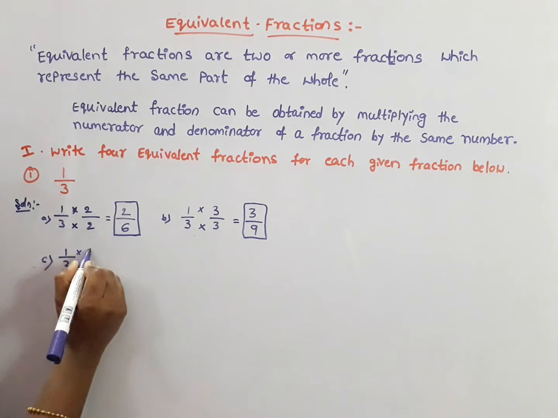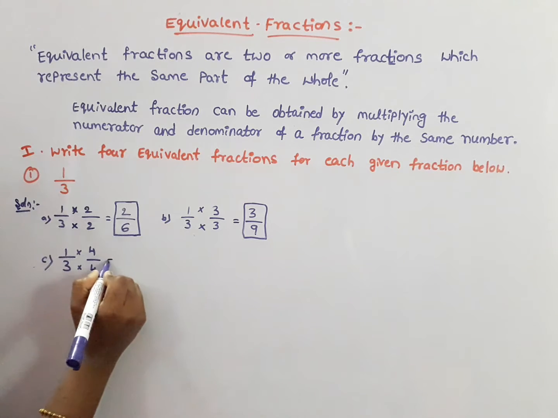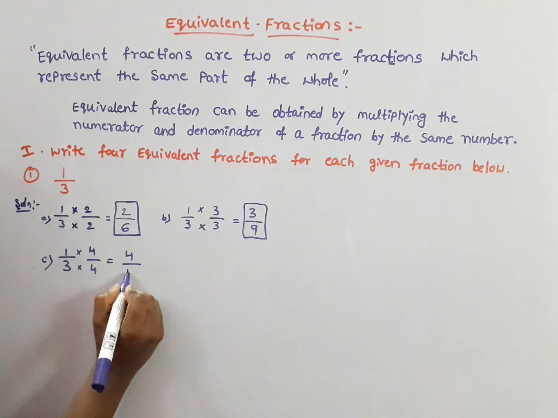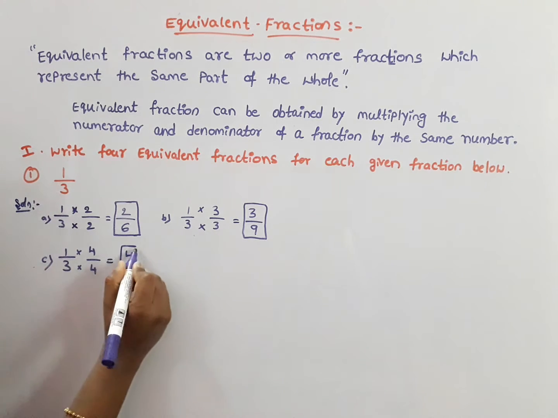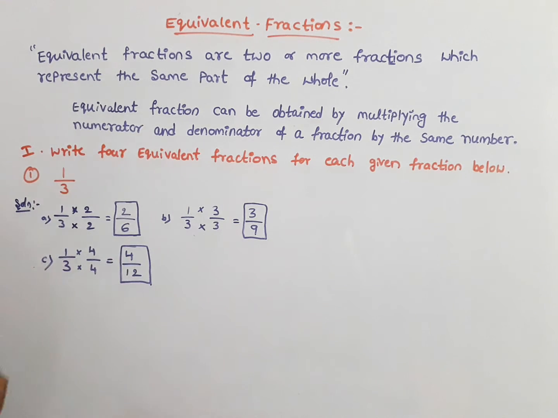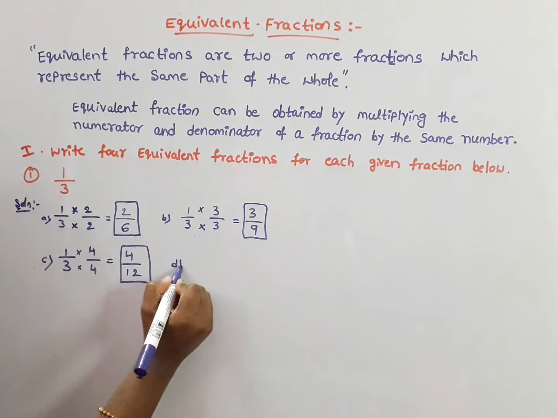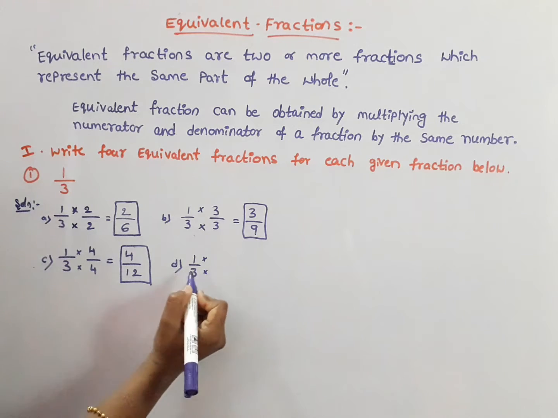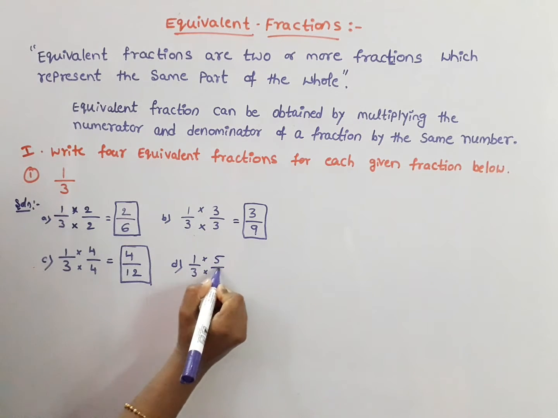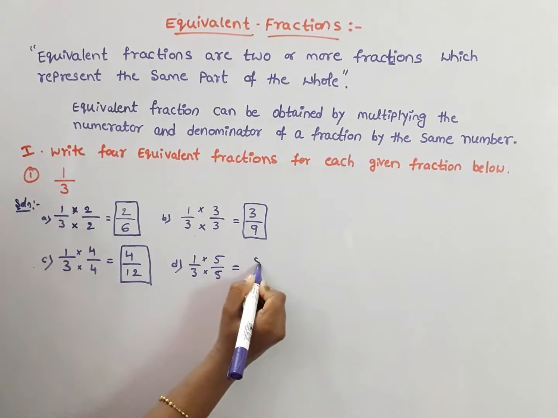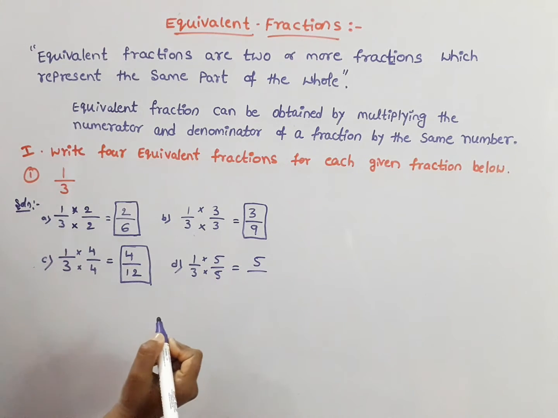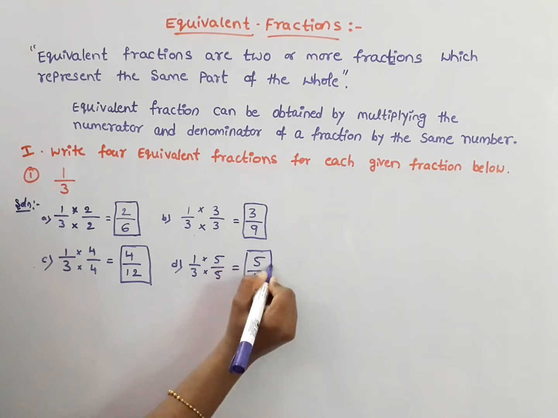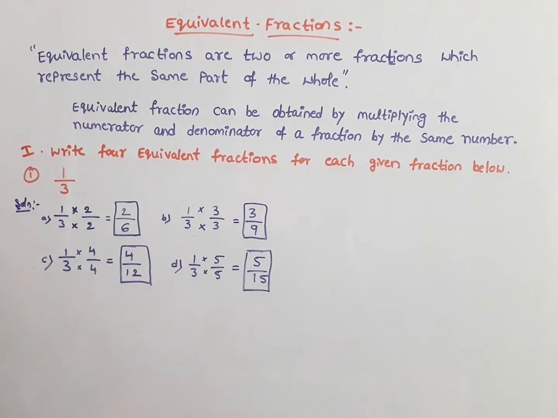Now multiply with 4. 1 into 4, 1 fours are 4, 3 fours are 12. This is the third equivalent fraction of 1 by 3. Next, the last one, fourth equivalent fraction, multiply by 5. 5 ones are 5, 3 into 5, 3 fives are 15. So this is the fourth equivalent fraction of 1 by 3.